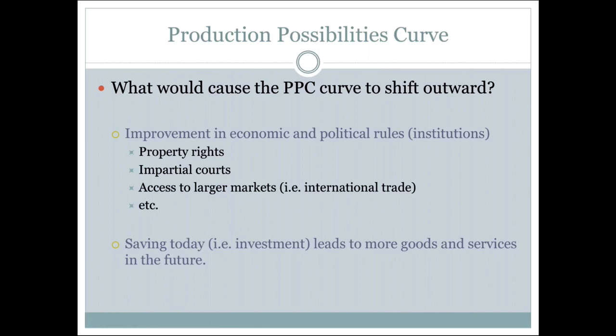And lastly, something we touched on when we were talking about property rights, but something that also affects economic growth and shifts in the production possibilities curve would be an improvement in economic and political rules. If you have a better legal system, a more fair, impartial court, if you have better protection of property rights, you're going to get more economic growth and a shift outward of the production possibilities curve.